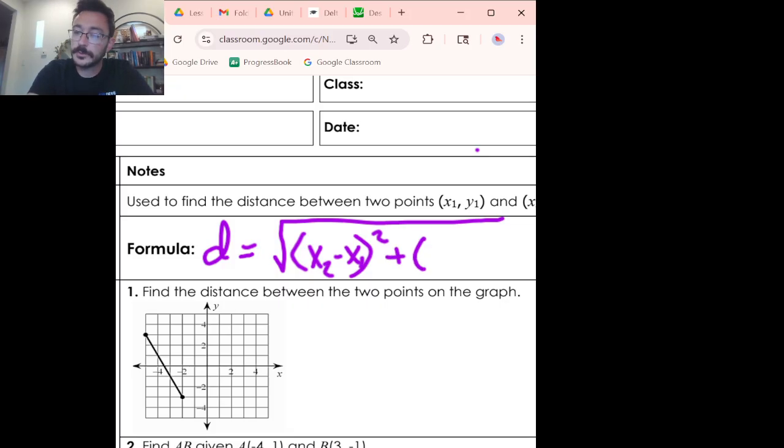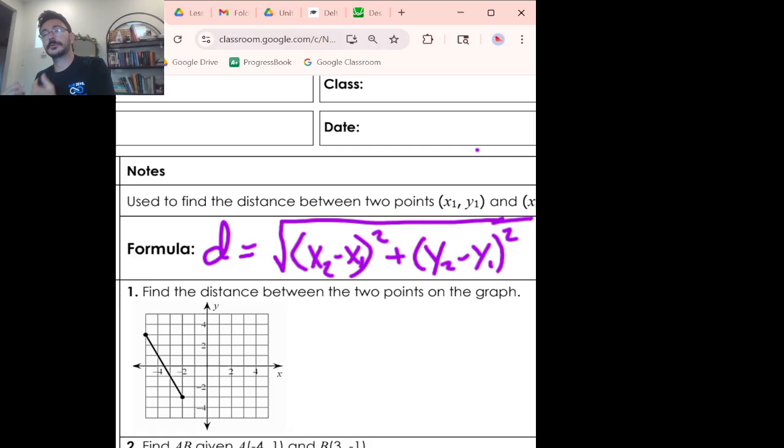Then plus y2 minus y1. As long as you subtract the y's, subtract the x's, and have that big square root over top of them, if you put those points in the correct spots, it should spit back a distance.